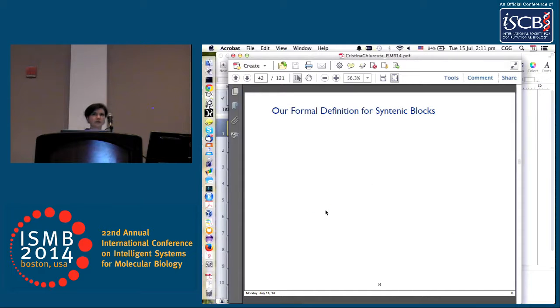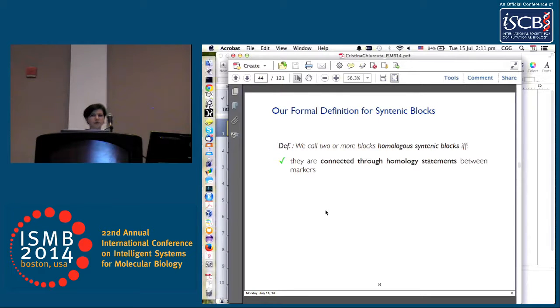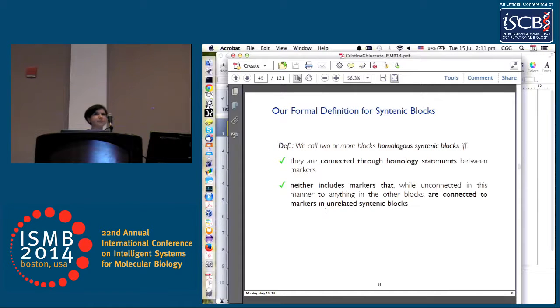So let me present you our definition. There are two main requirements and an optional one. We call two or more blocks homologous syntenic blocks if and only if the blocks are connected through homology statements between their markers, and the markers which are part of such homologous syntenic blocks are related to other markers within these blocks and not only to markers outside these blocks in unrelated blocks.